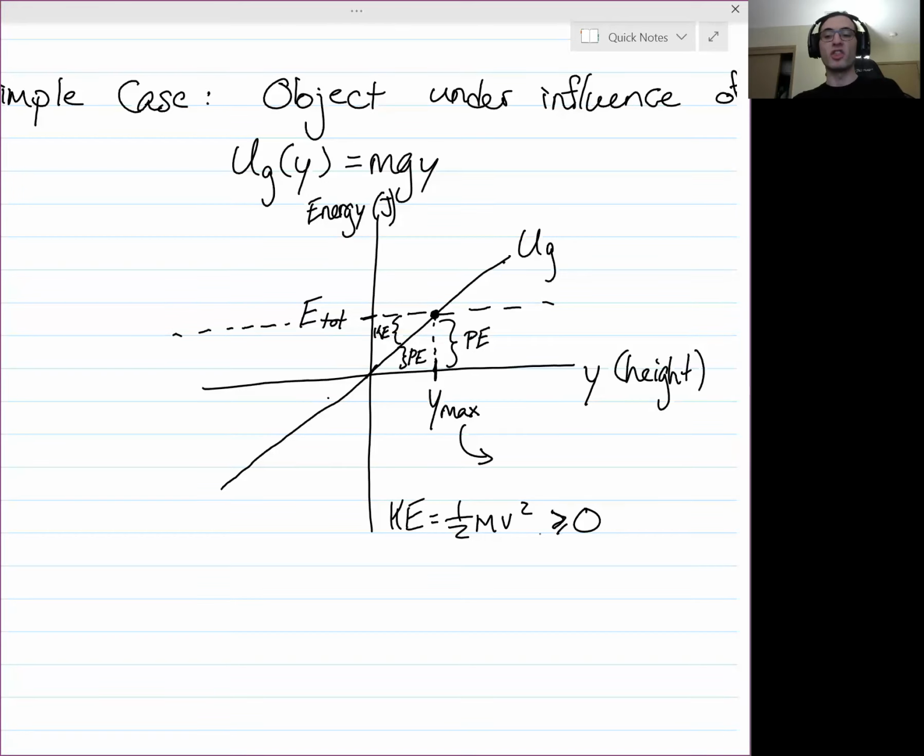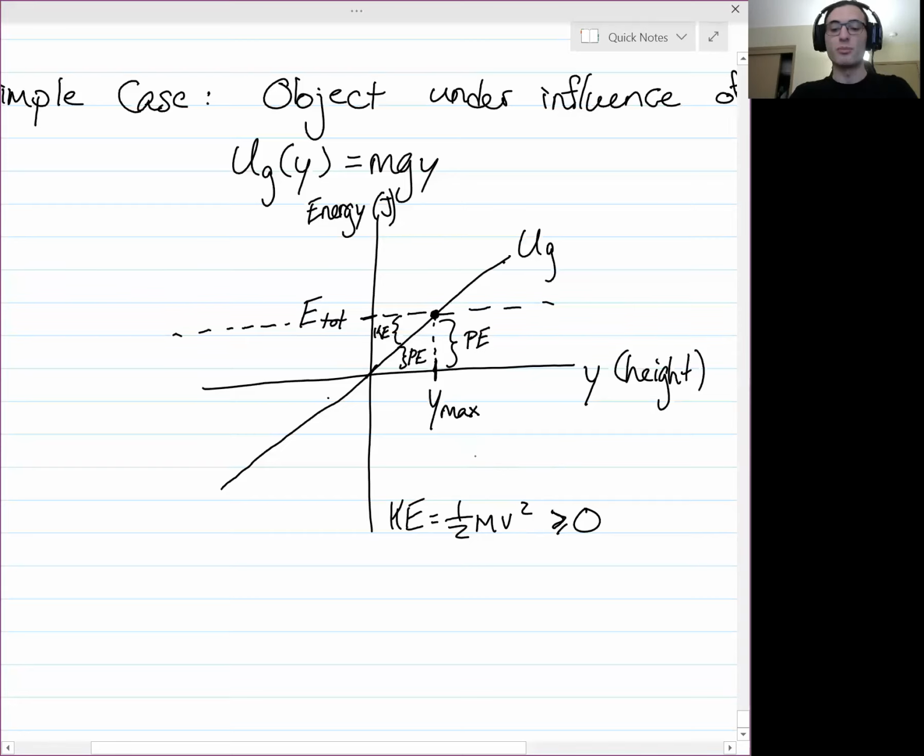If you were to have more than that, then in order to have the same amount of total energy, you'd have to have negative kinetic energy, which just isn't allowed. So that puts an upper bound on our potential energy. And so by looking at this graph, we can just look at the point where our total energy intersects the potential energy and get the maximum position.